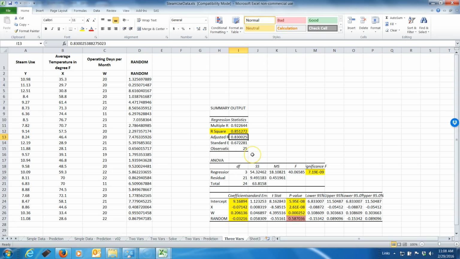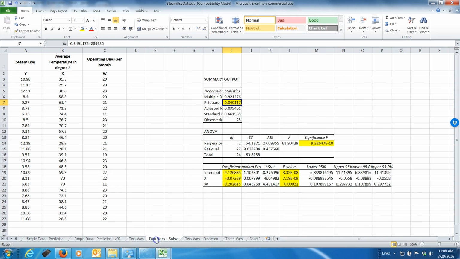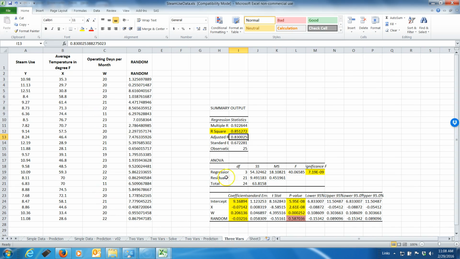This is 83.0. And let's take a look at this one over here, 83.5. So this is a higher value than this one right here. So we've added a random value and the model got worse. So this is why you look at the adjusted r-squared value.